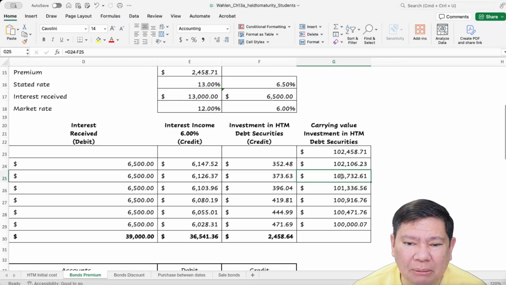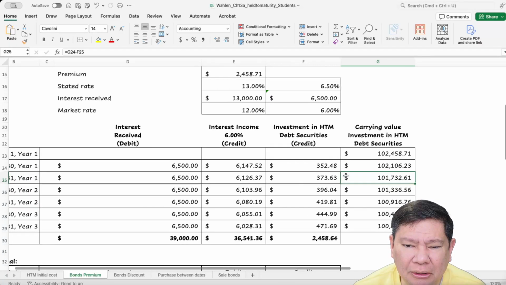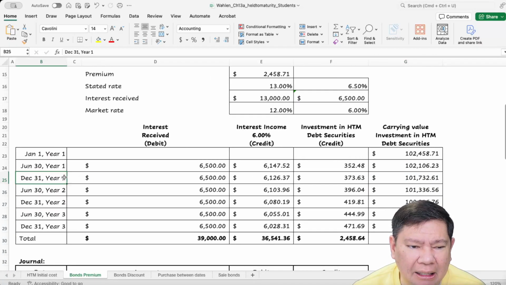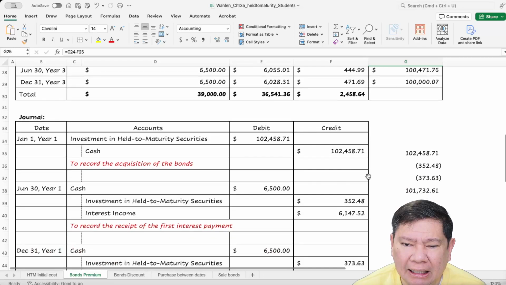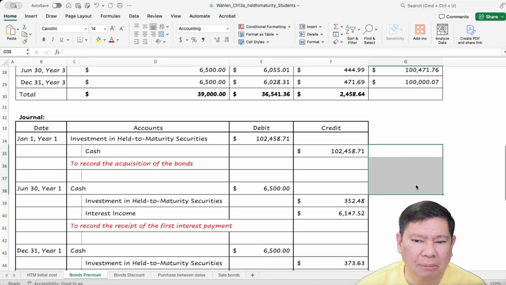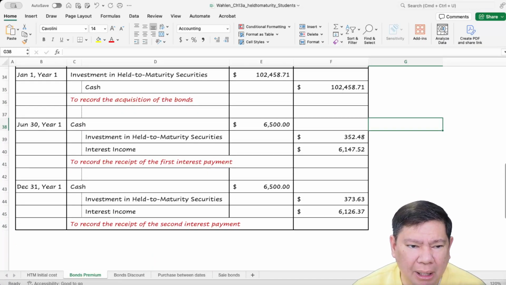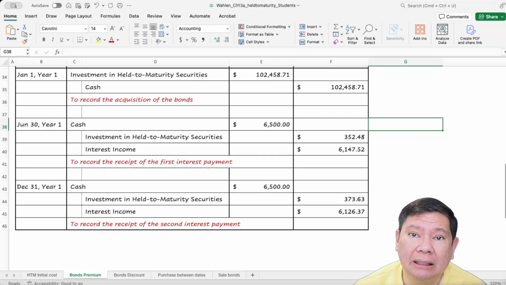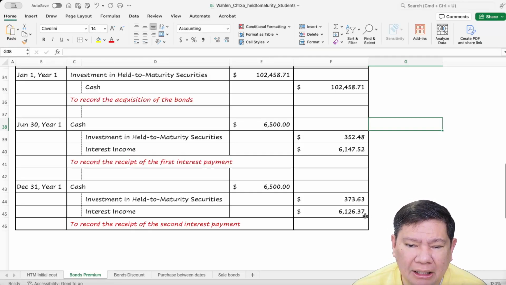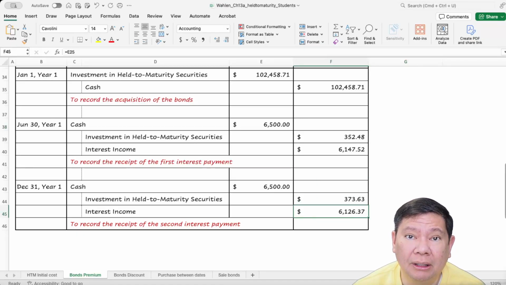The amortized amount is the carrying value after the second interest payment. So that's how we prepare the journal entry for the interest payments, as well as to calculate the amortized value or the carrying value of the investment at the end of December. Thank you for watching.